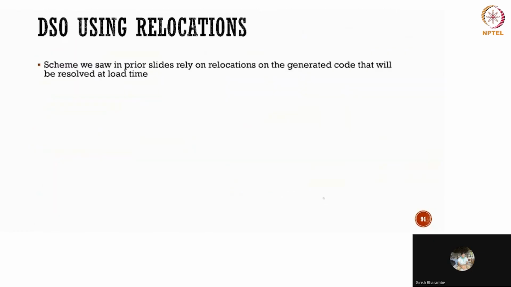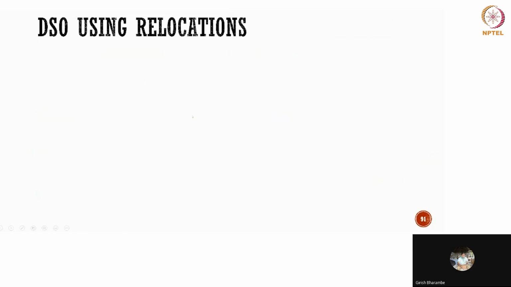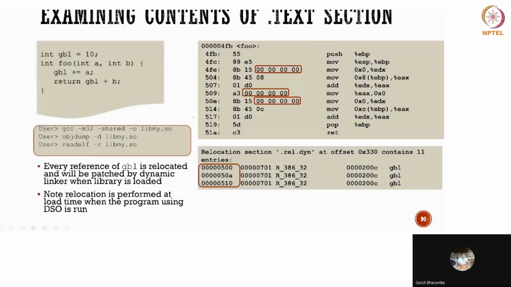Okay, now this scheme which I mentioned is where the DSO is using relocations. This is a straightforward way to implement DSOs, where I generate the text section, all the references within the shared library have relocations, and I generate relocations for patching them.